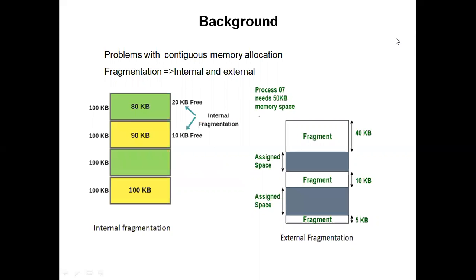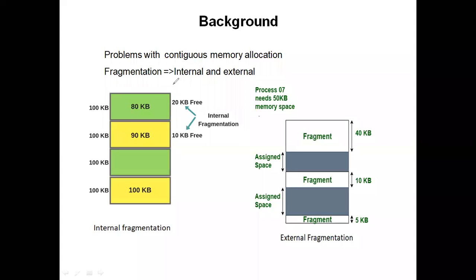So I will look into the background of the problem. So earlier in the contiguous memory allocation, we talked about two problems, that was called fragmentation, the internal fragmentation and the external fragmentation. So what is internal fragmentation?